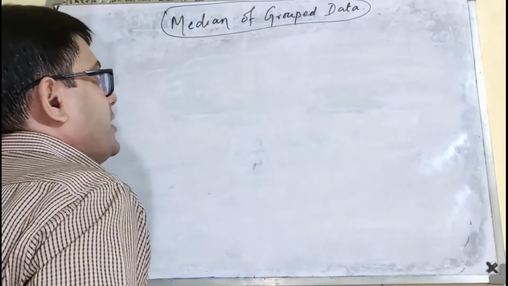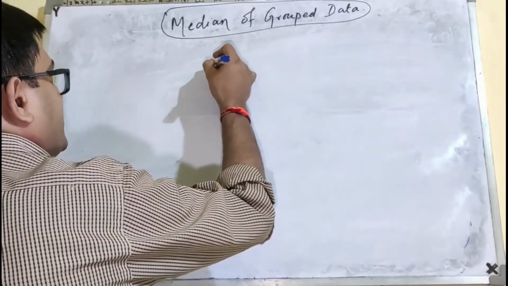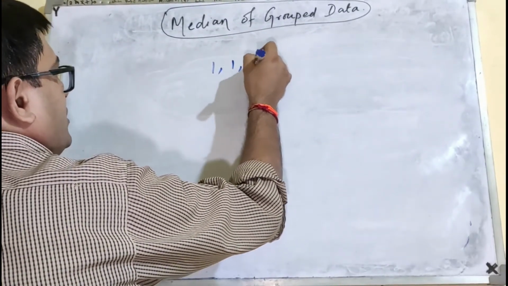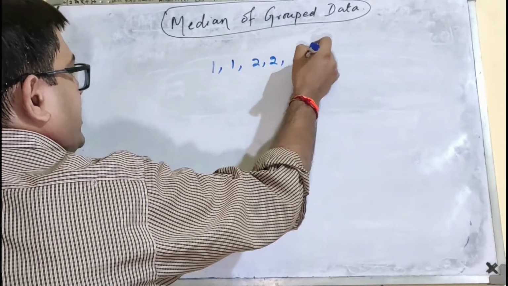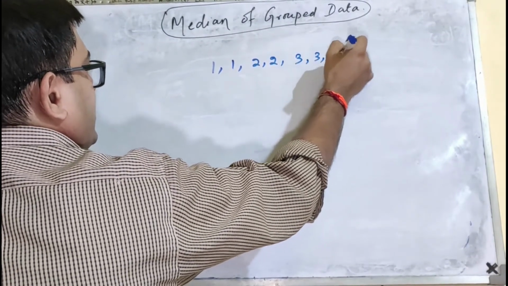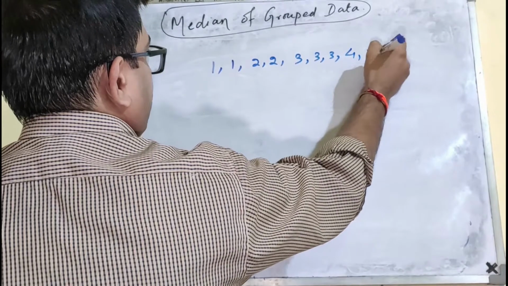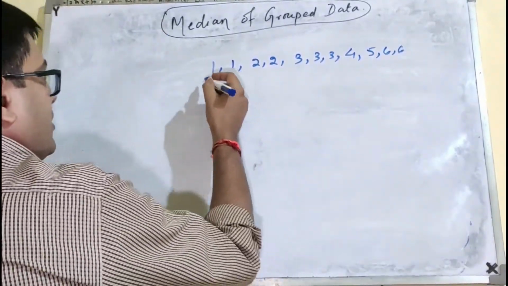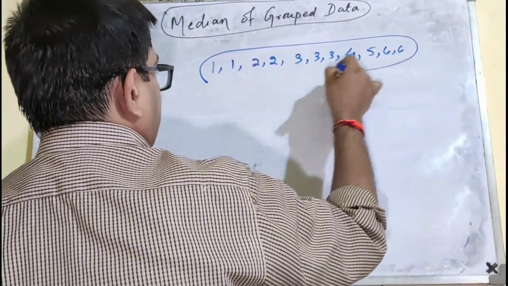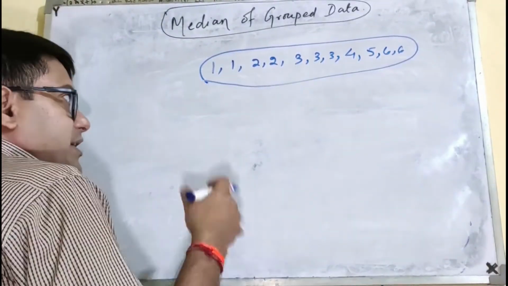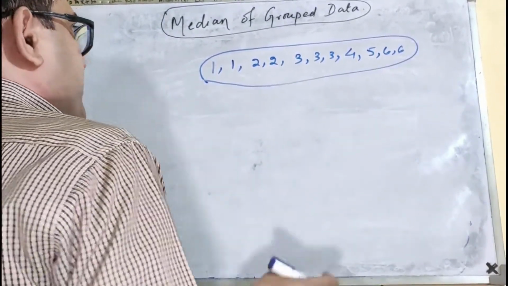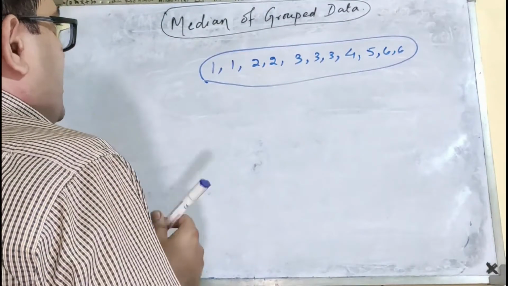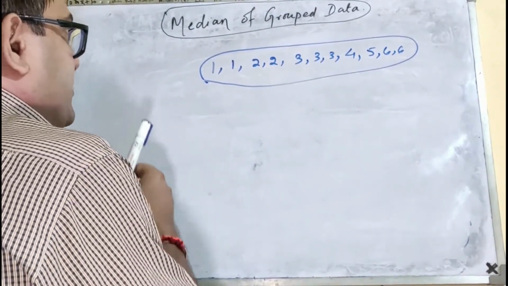If I have an ordered data set, let's say the data set is again 1, 1, 2, 2, 3, 3, 3, 4, 5, 6, 6. Now, this data set is ordered; if it is not ordered, you have to put it in order before so that you can find the median.